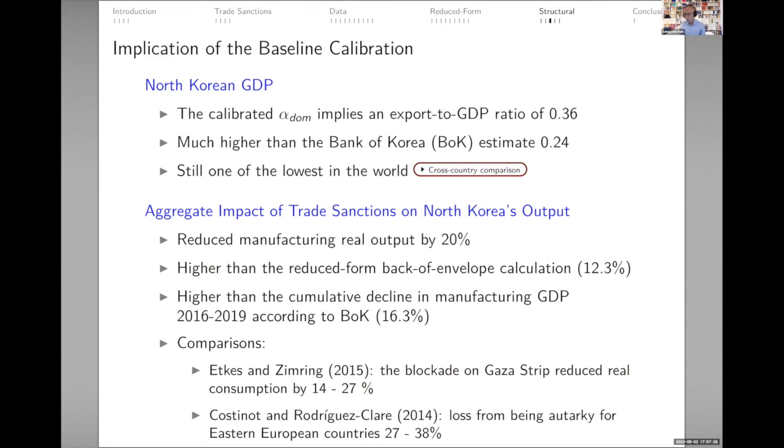And going forward, in designing these sanction policies, what's really important is whether there are any loopholes, and what the country's tolerance level to these sanctions is. These are going to be key factors in determining how effective these sanctions are going to be in achieving their policy goals.